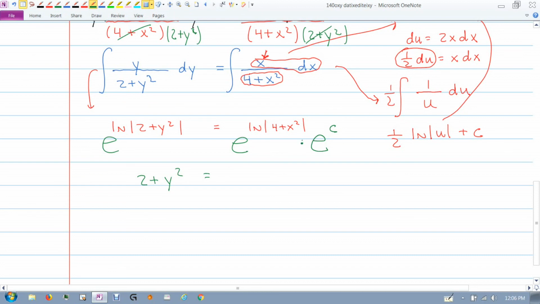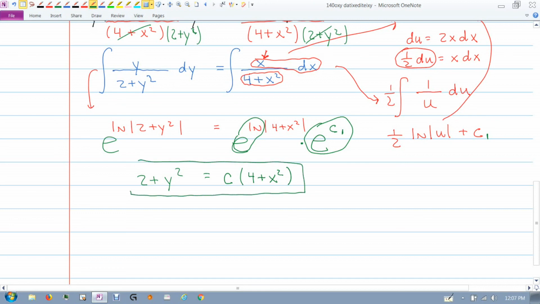And so why don't I call that c1 again? I'll go back and call it c1. Just remember that this is just some constant. So I have some constant times e and natural log here kill each other off, so you get 4 plus x squared. So that right there is a nice equation between x and y.